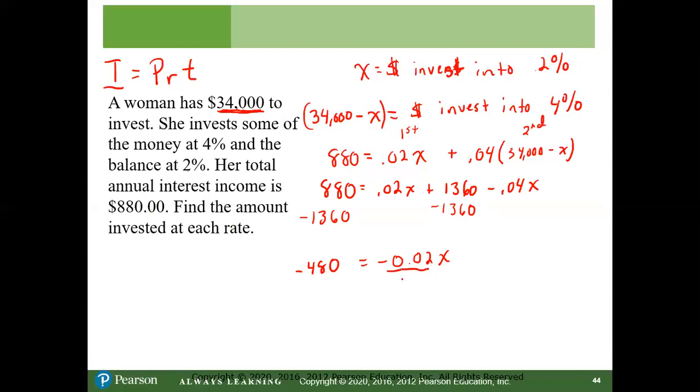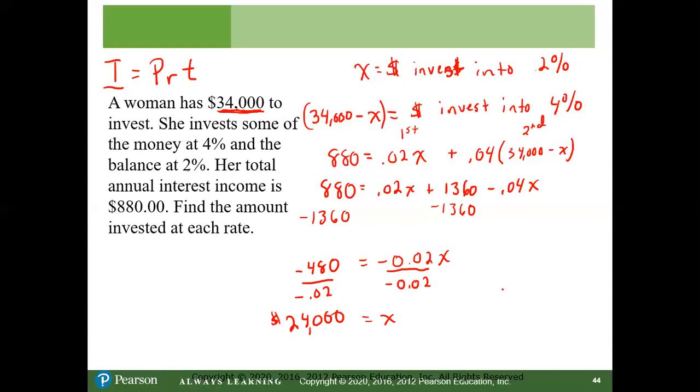And then we just divide both sides by negative 0.02, and we will figure out exactly how much money is going into the 2% account. So we take 480 divided by 0.02, and that is going to give us $24,000 that she is putting into the 2% account.